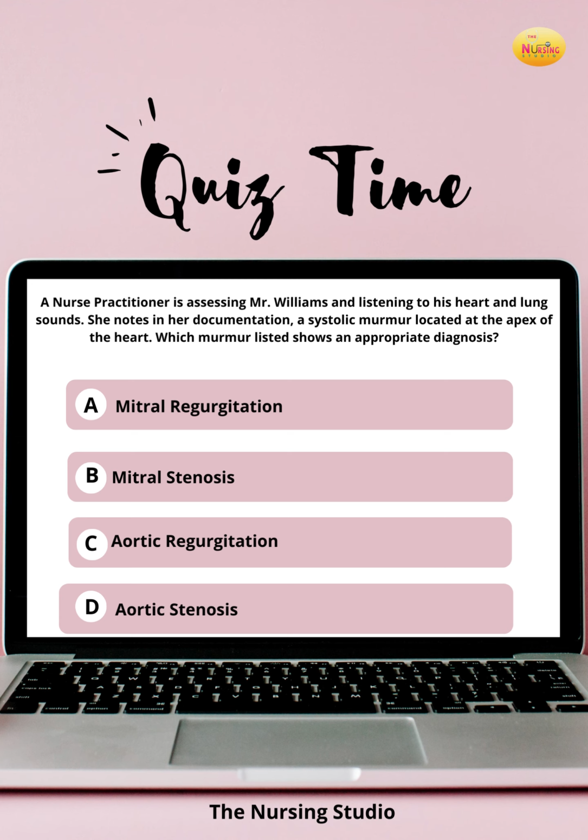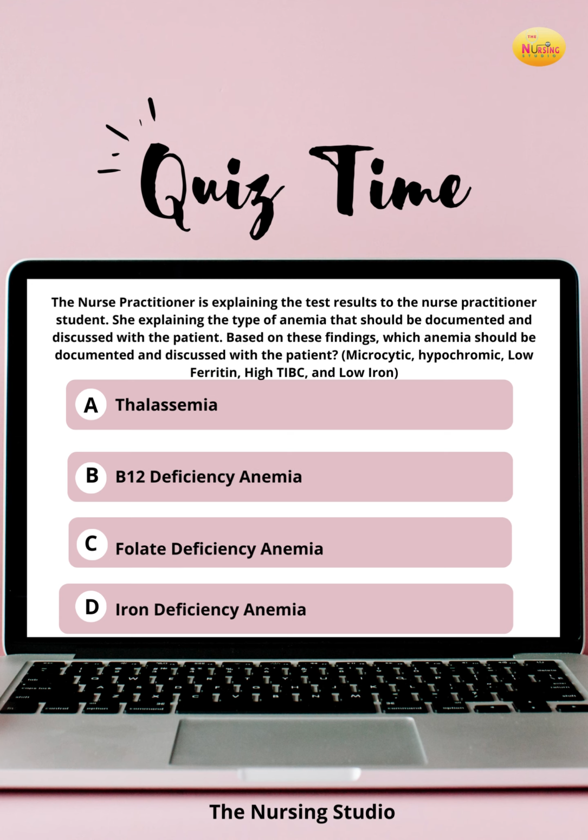All right. And the last question of today's practice question session states the nurse practitioner is explaining the test results to the nurse practitioner student. She is explaining the type of anemia that should be documented and discussed with the patient. Based on these findings, which anemia should be documented and discussed with the patient?